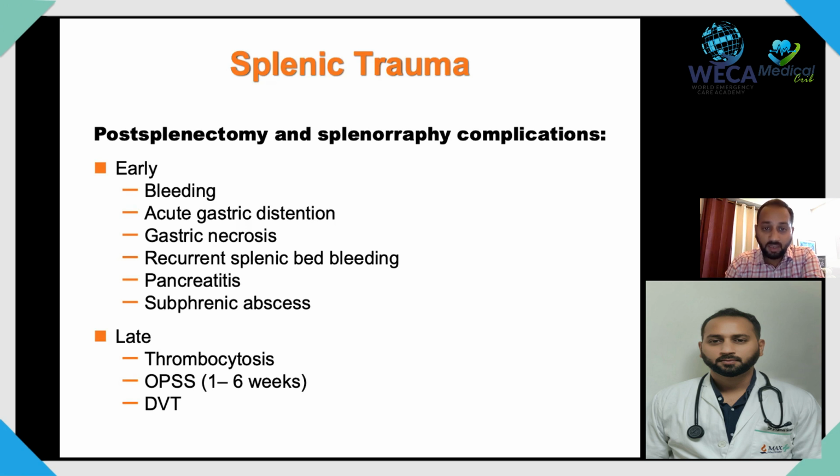Then there can be gastric distension, gastric necrosis, and recurrent splenic bed bleeding. After splenectomy, due to compromise in the blood flow, there can be pancreatitis and subphrenic abscesses. Some of the late complications will be thrombocytosis, OPSS, as we spoke about, which usually occurs 1 to 6 weeks later, and deep venous thrombosis.